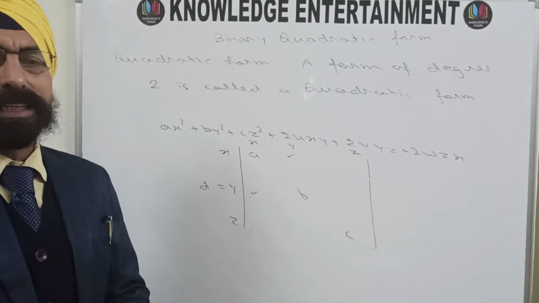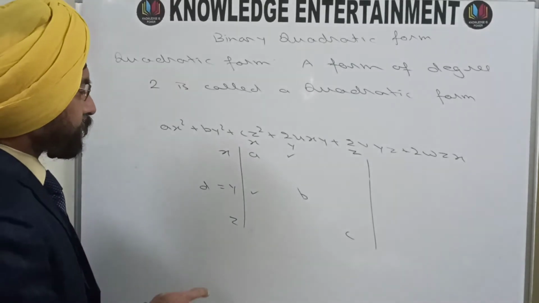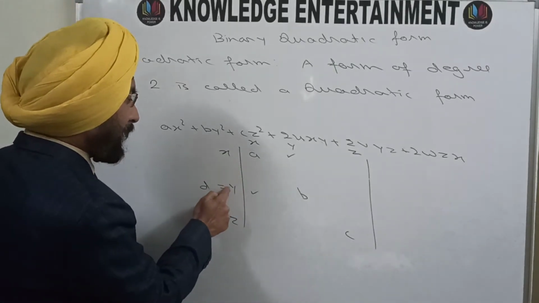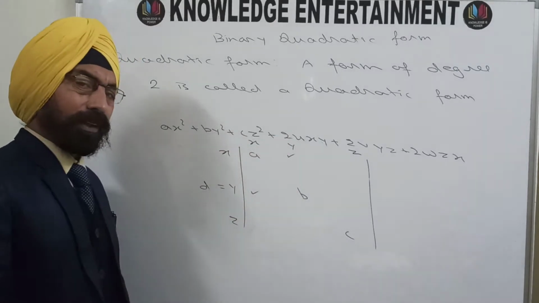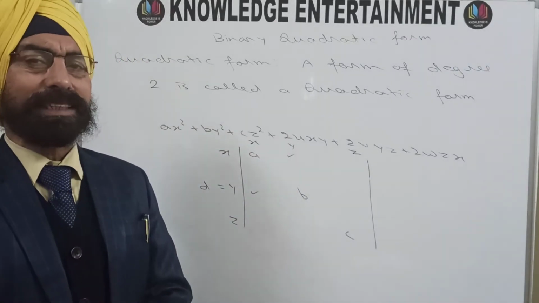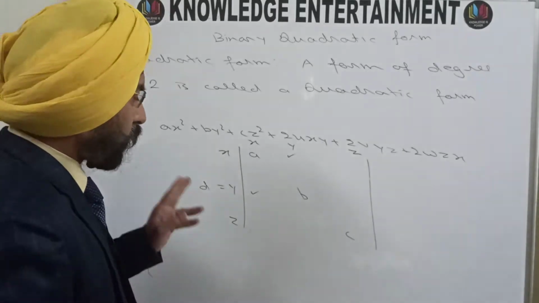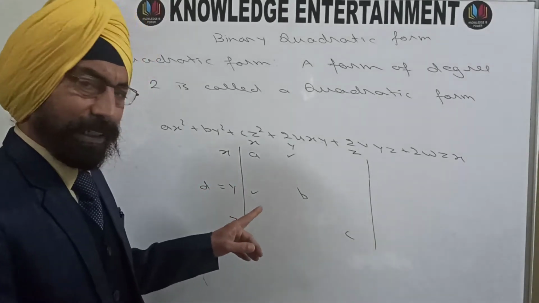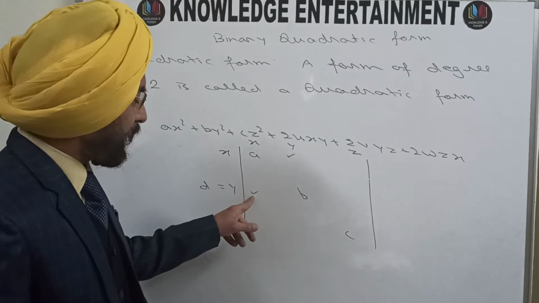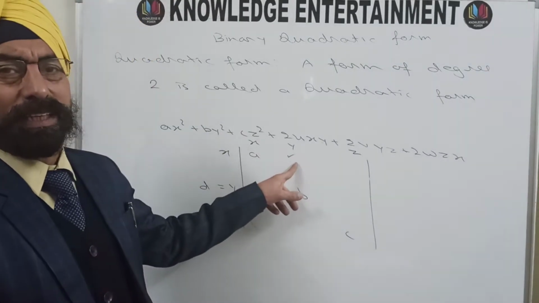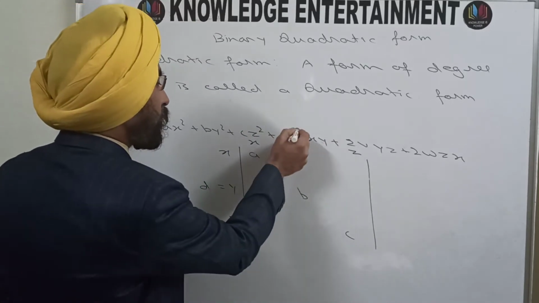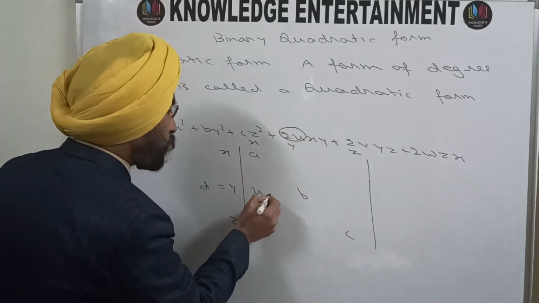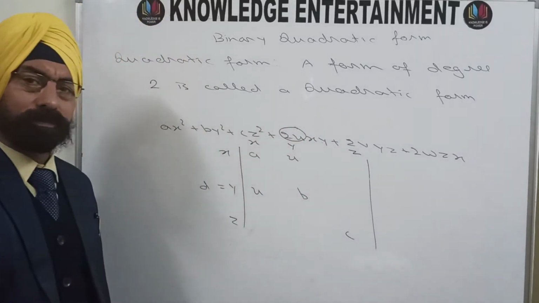Now let us see the rest of the places. Now you are having y into x here and x into y here, but xy and yx are the same terms. So what we have to do is write half of the coefficient of xy here and half of the coefficient of xy here. The coefficient of xy is 2u, and we will write u here and u here.